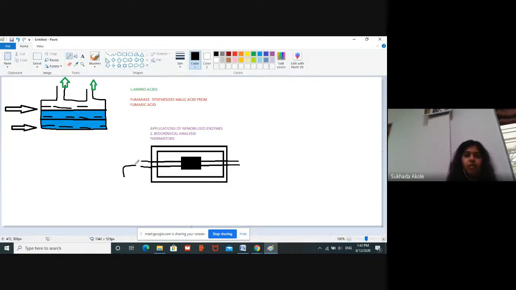From here my substrate will enter, let us denote it as S. From here my product is getting formed, say I denote this as P. This strip here is my thermistor.